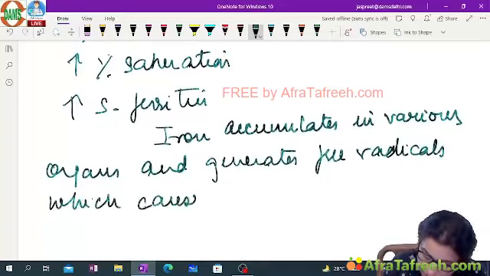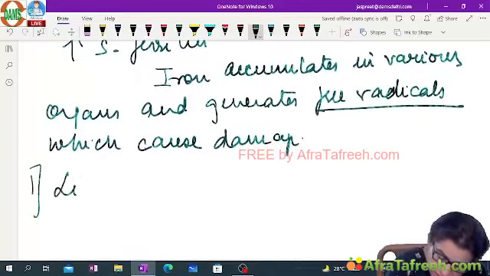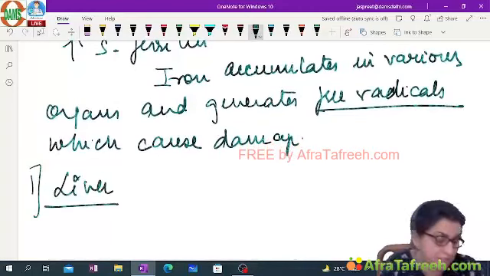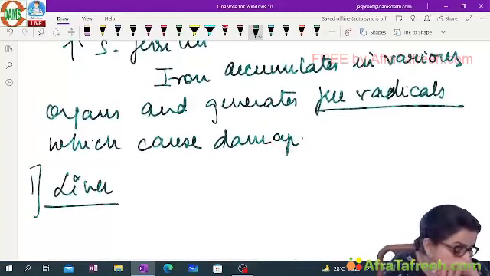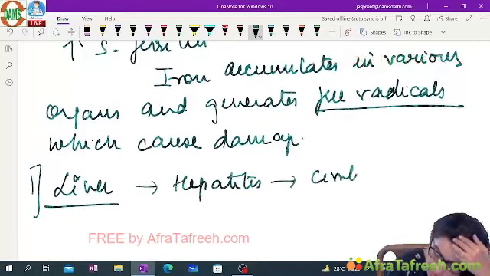The first organ damaged is the liver. In the liver, it causes hepatitis, which can progress to cirrhosis with increased risk of hepatocellular carcinoma.